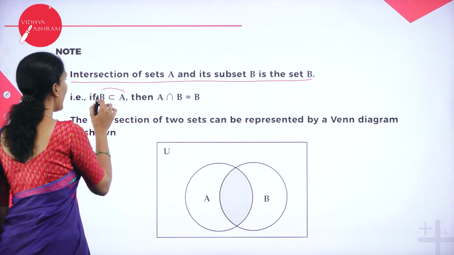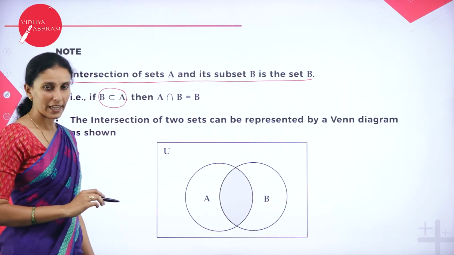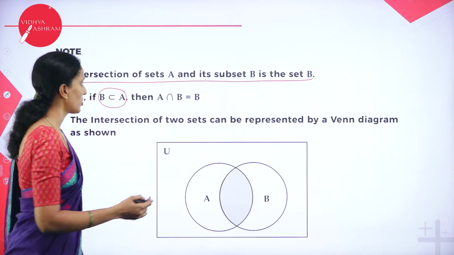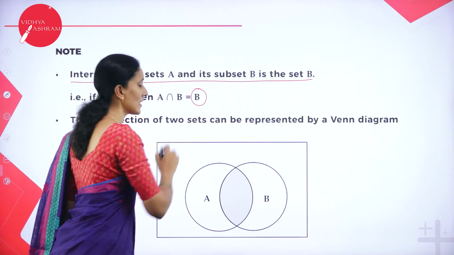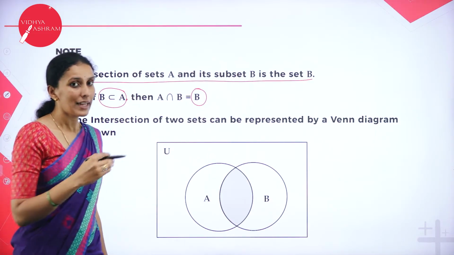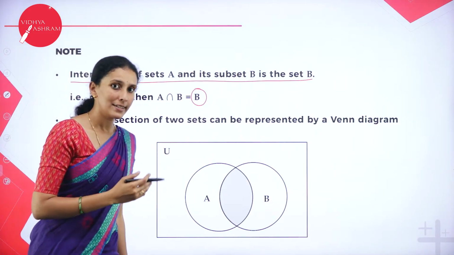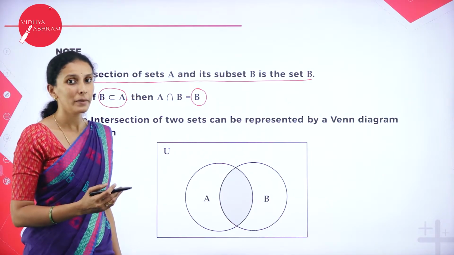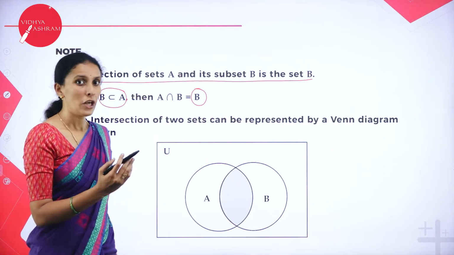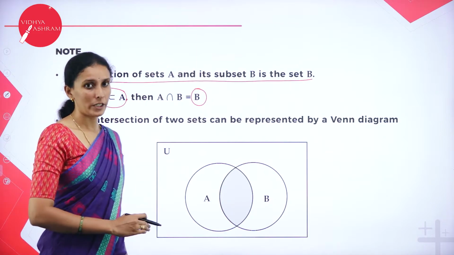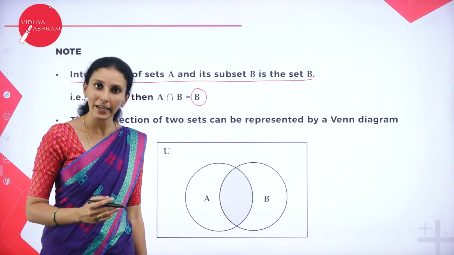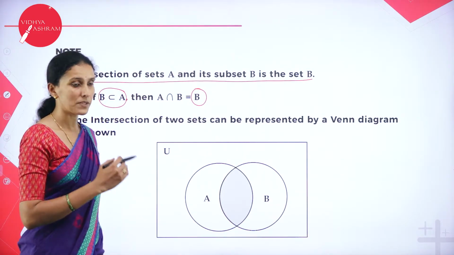That is, when you have any subset of A, then its intersection is always the smaller set, or the subset. Whereas in case of union, if B is a subset of A, then A union B is A, the larger set. Whereas when it comes to intersection, A intersection B is the smaller set or the subset.